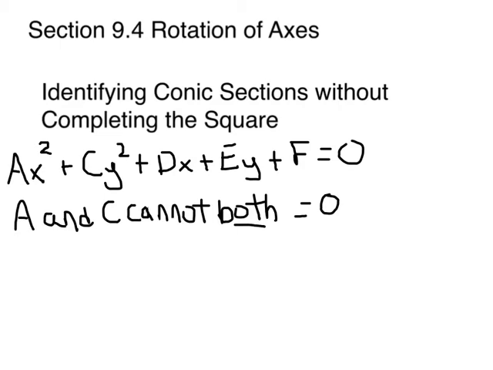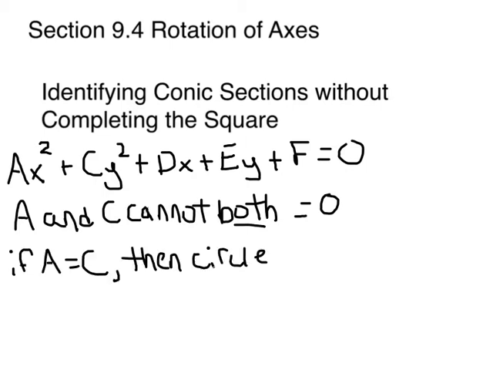So, for example, if A was 0, this equation simply just would not have an x squared in it. Or if C was 0, it would not have a y squared in it. If A and C were both 0, we would just have a line, and it's not that difficult to identify a line. So as long as A and C are not both 0, we can go ahead and work with this.